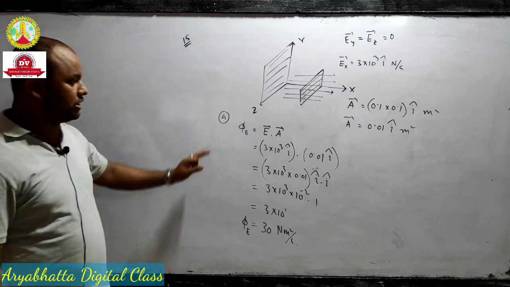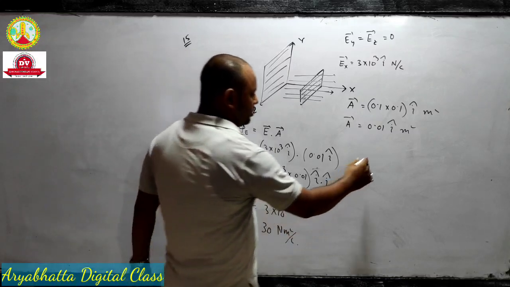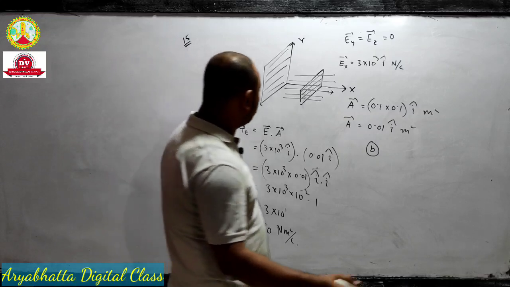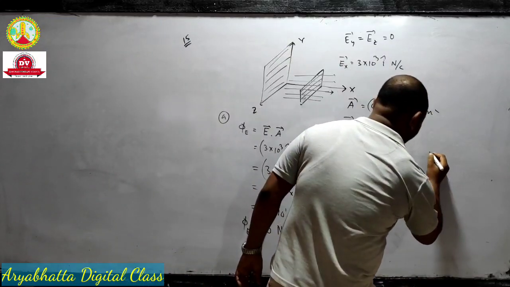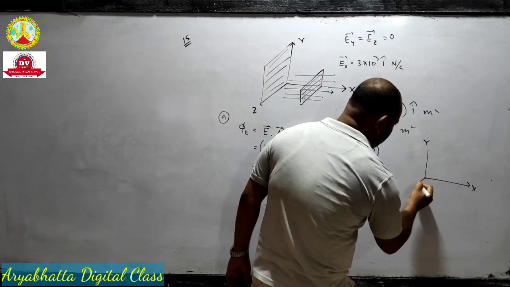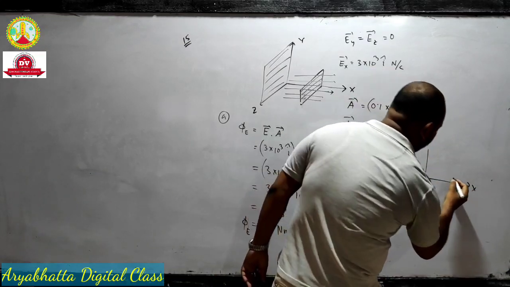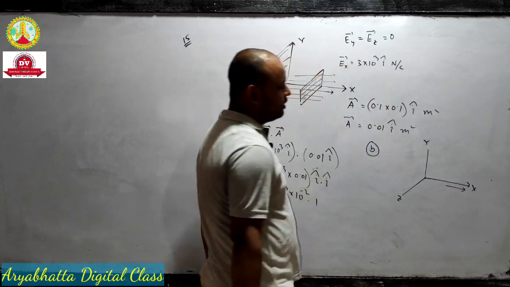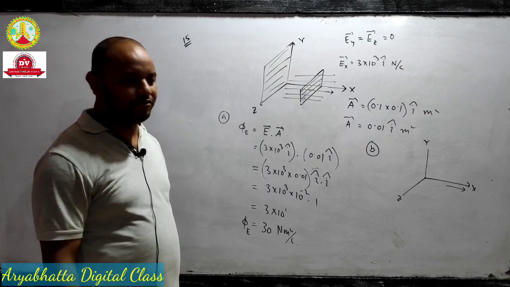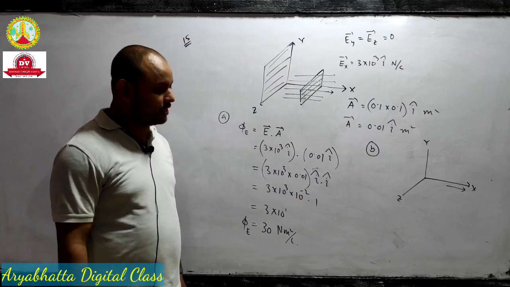There is another part of the question, which is B. If this is our x-axis, this is our y-axis, and this is our z-axis, the direction of electric field is the same, along the x-axis.